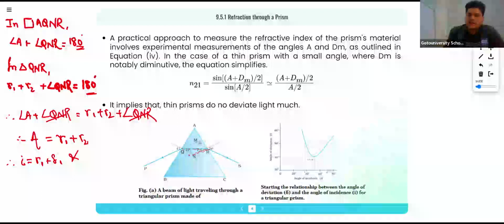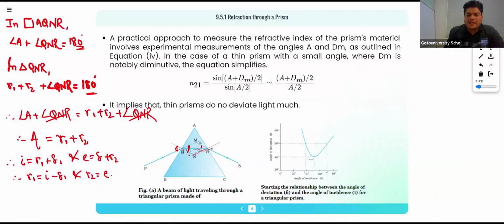See, this is delta, this also delta, and these two are same. That means in place of R1, I can write I minus delta 1, and in place of R2, I can write E minus delta 2. This is delta 1, this is delta 2.